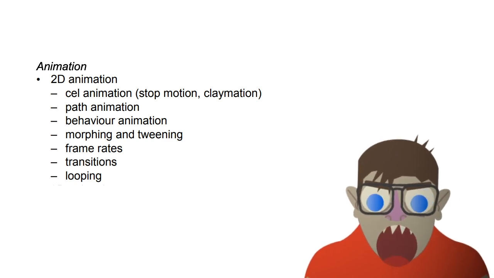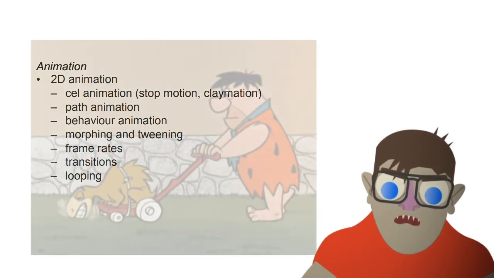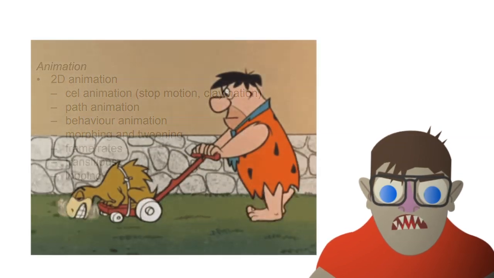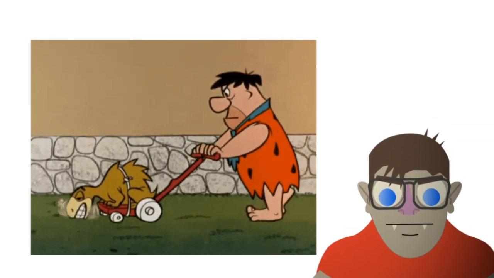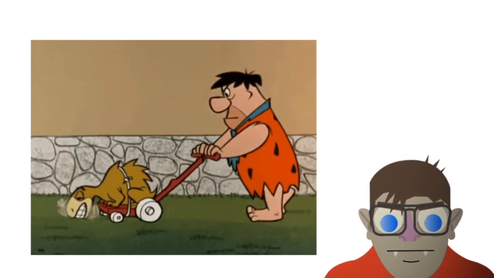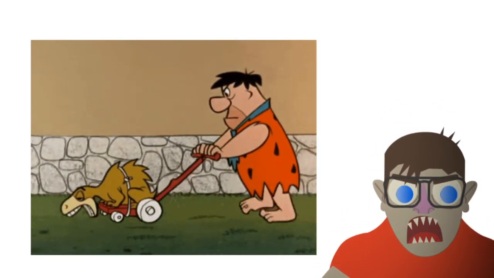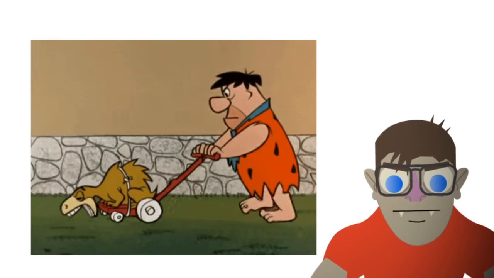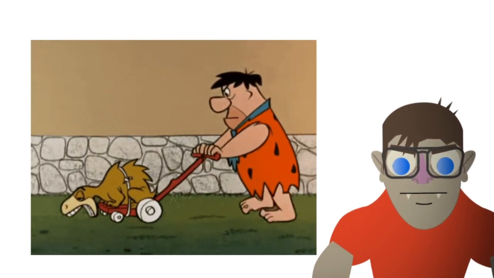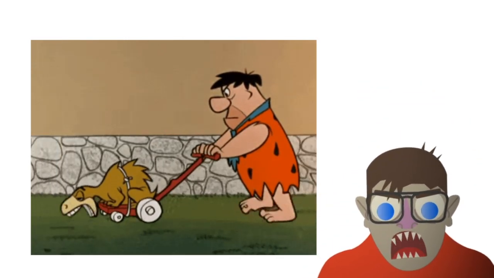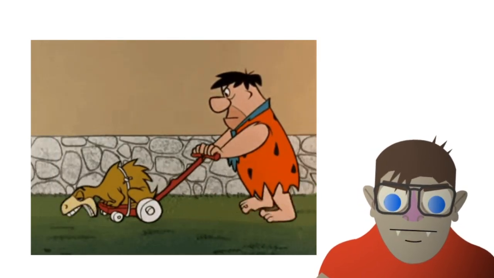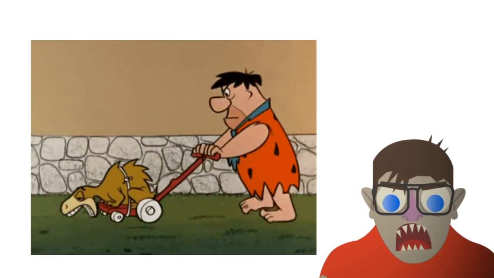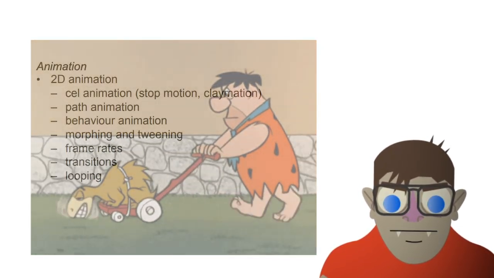If you look at old Tom and Jerry cartoons or old Flintstones or things like that, when they're walking, you'll notice that the background is often going at a different rate to the foreground. You might have a background frame which is moving very slowly and the characters are moving in front of it very fast. What that gives you is a realistic sort of movement, because the size of the mountain in the background is several kilometers.